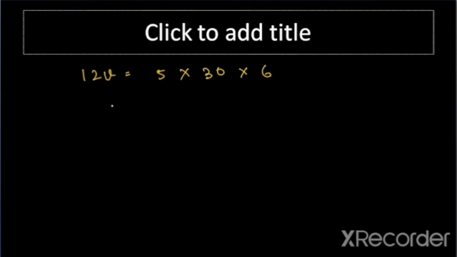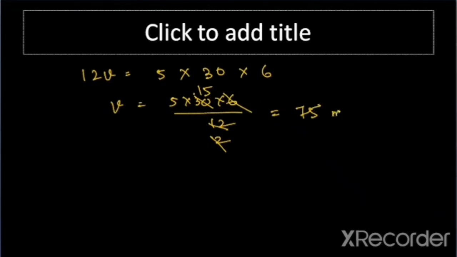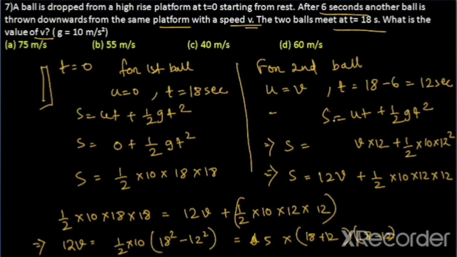So v is equal to 5 into 30 into 6 by 12. 6 2s are 12 and 2 15s are 30, that is 15 into 5, 75 meter per second. Option number A is correct, that is 75 meter per second.